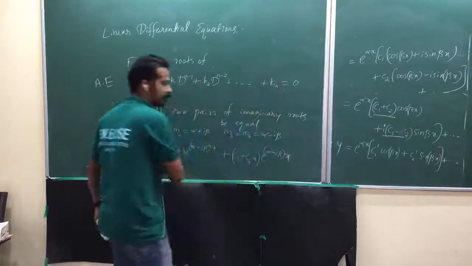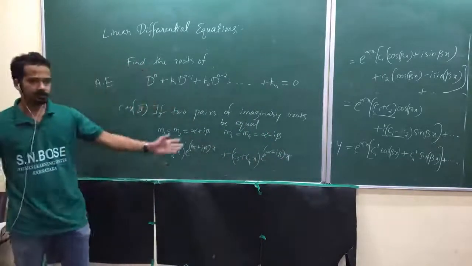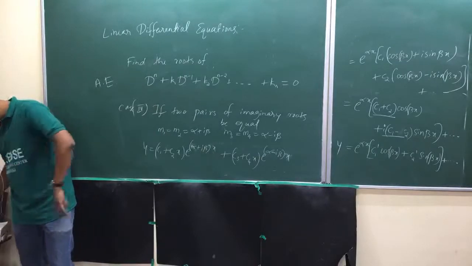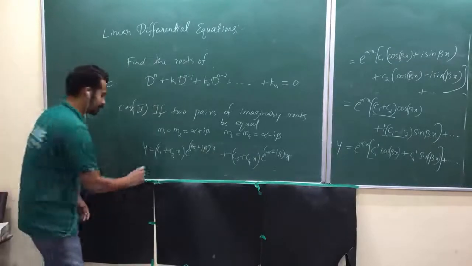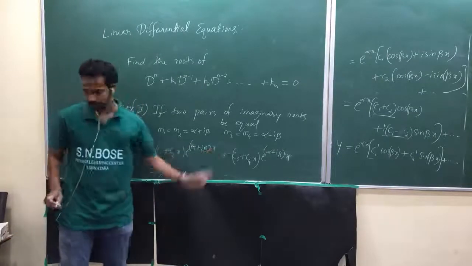Again, you can manipulate this one by taking e power alpha x common. You can write this one as some e power alpha x common. Am I right? E power alpha x common from these two.